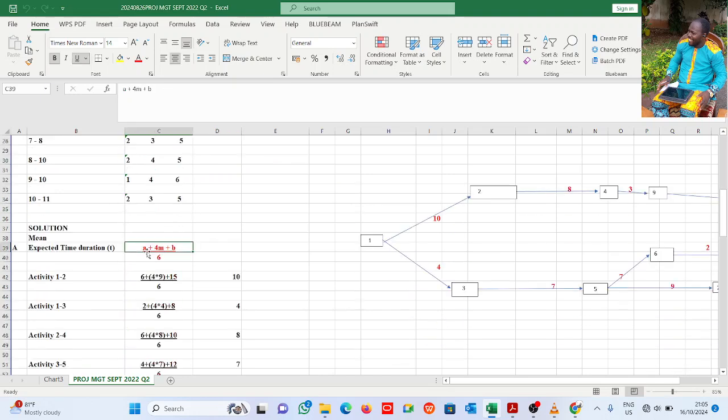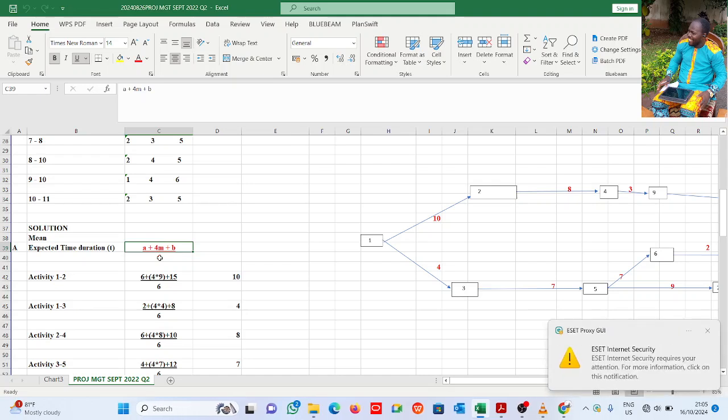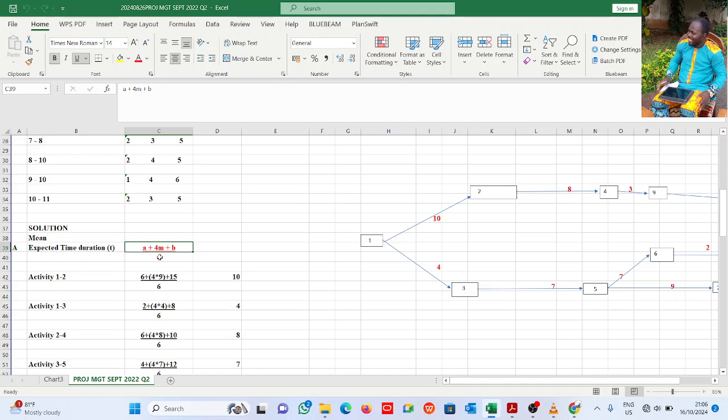That is, a, which is the optimistic, plus 4m, plus b, which is the pessimistic, divided by 6. The optimistic time is the minimum estimated time to execute a particular activity, m is the most likely time estimated to complete the activity, while b or p is the pessimistic, the maximum time to execute that activity.